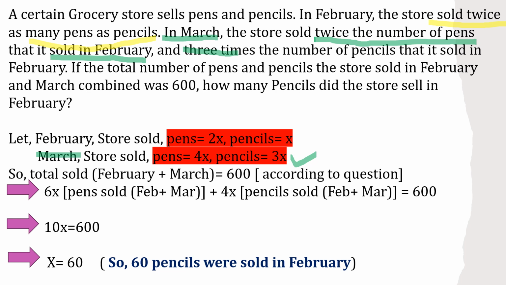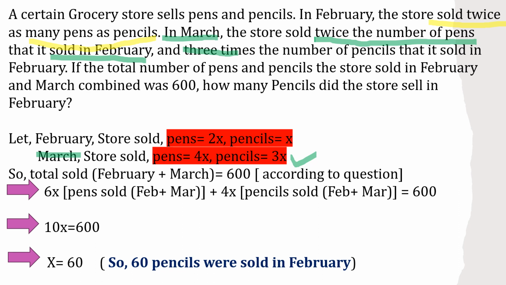In the last part of the question it said the total number of pens and pencils sold in February and March combined was 600. So total sold in February plus March is equal to 600. In February and March, total pens sold is 6x and total pencils sold is 4x, equal to 600.